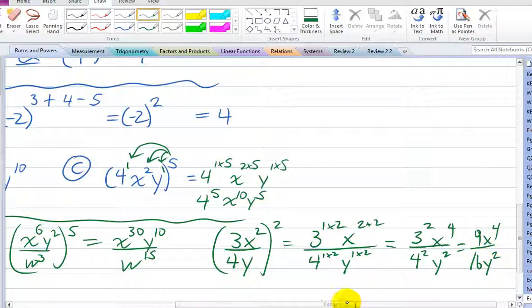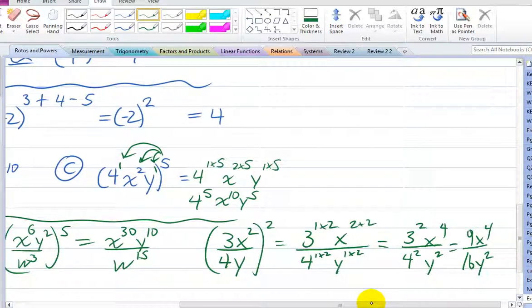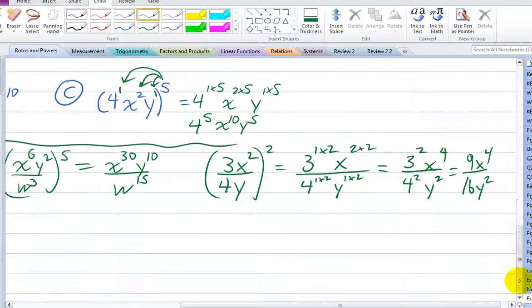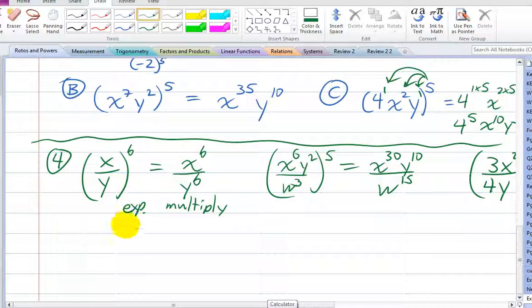Okay, so let's continue. Number 5, x to the exponent 0, what does that equal? 1, right?